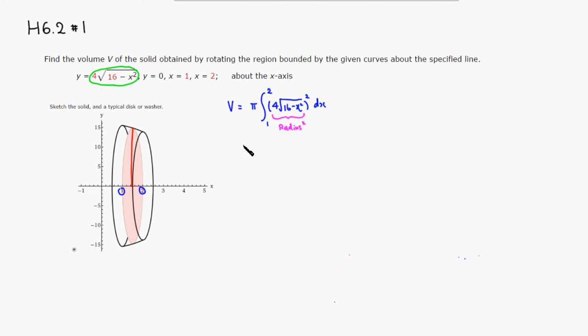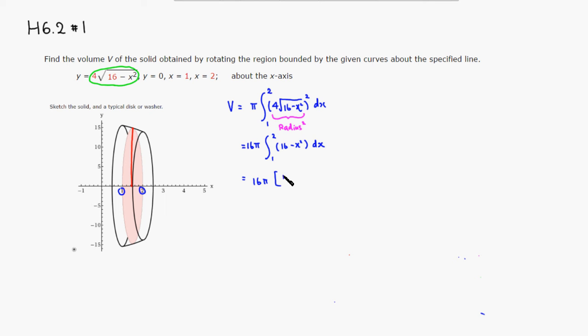So this is equal to pi times the integral from 1 to 2. We have to square 4, so it's going to be 16. Actually this can be placed in front of the integral, so I'm going to put the 16 right here. Then you can see that the square root and the square cancel out, so you get 16 minus x squared with respect to x. Find the antiderivative. 16 pi is still there.